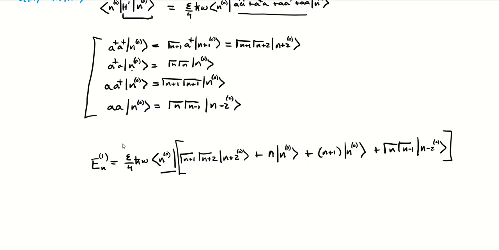And since these are orthogonal, the only terms that survive are h bar omega times n plus 1. Right? We have this term and this term are the only ones that survive through there.